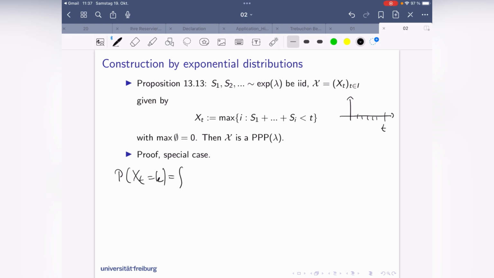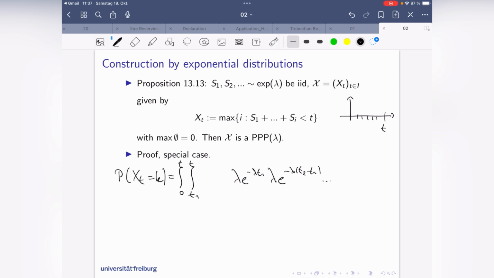So the first exponential distribution has density lambda e to the minus lambda t1. That's the first one. Then the second has lambda e to the minus lambda (t2 minus t1), where t2 is somewhere between t1 and t.